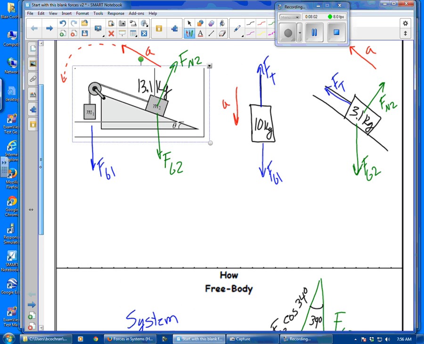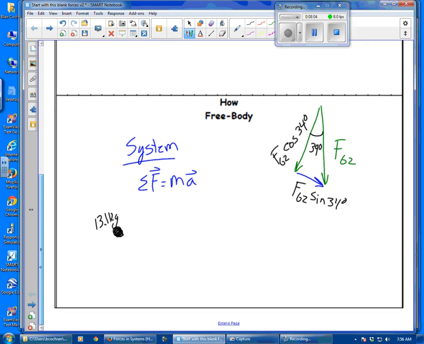I'm going to have FG1 in this direction. This is where it gets really weird. FG2 sine 34 degrees in that direction.